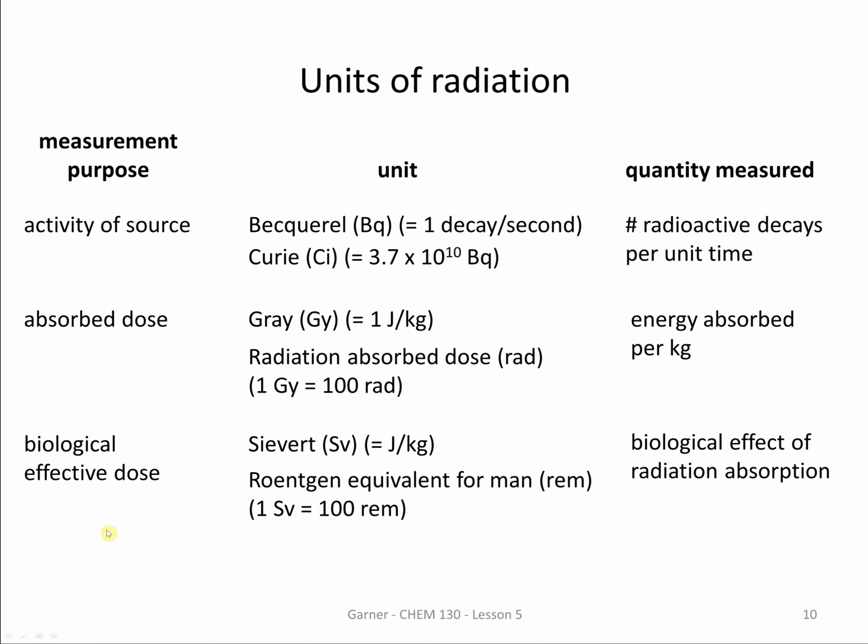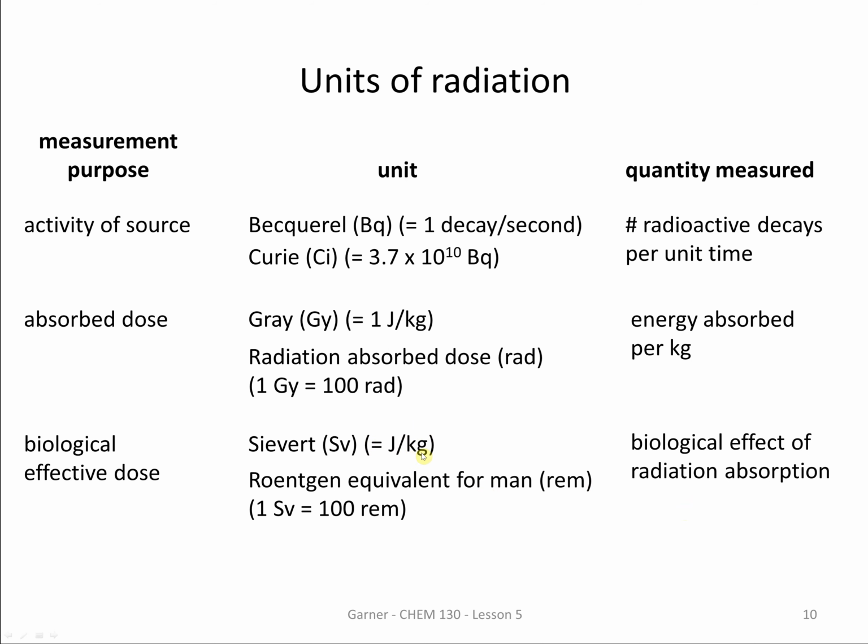You can also think about the absorbed dose from the perspective of its effect on a biological organism. This is known as the biological effective dose. This is the biological impact, or the biological effect, of the absorption of a particular amount of radiation. The units here are essentially the same, joules per kilogram, so the amount of energy absorbed from radiation per amount of material, presumably biological material, that's absorbing that radioactive dose.